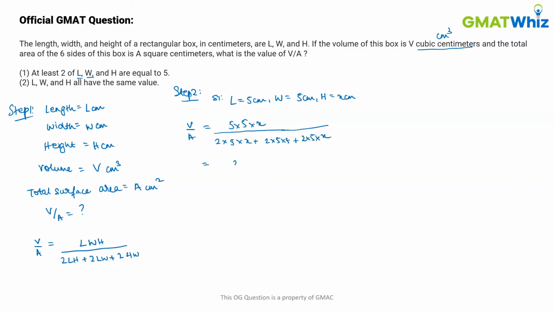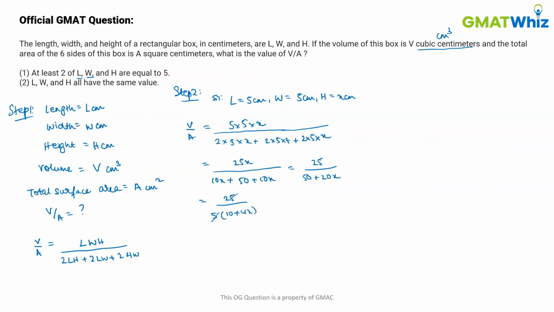This is equal to 25X divided by 10X plus 50 plus 10X, which equals 25X by 50 plus 20X. Now if we take 5 common from the denominator, we have 25X by 5 times 10 plus 4X.